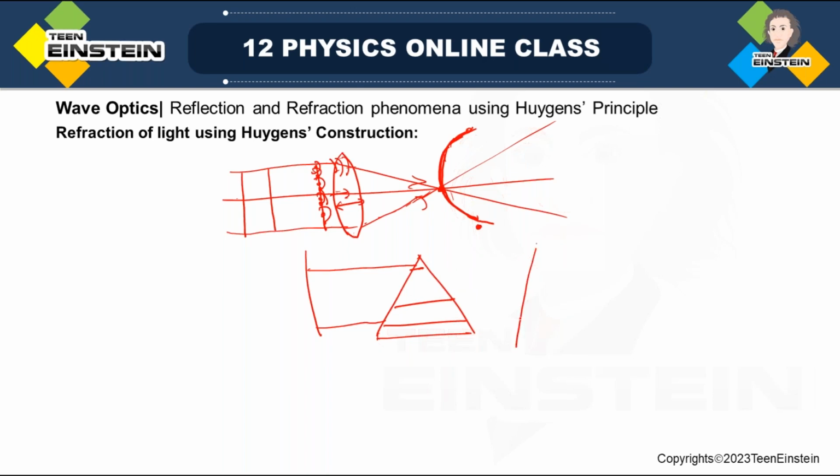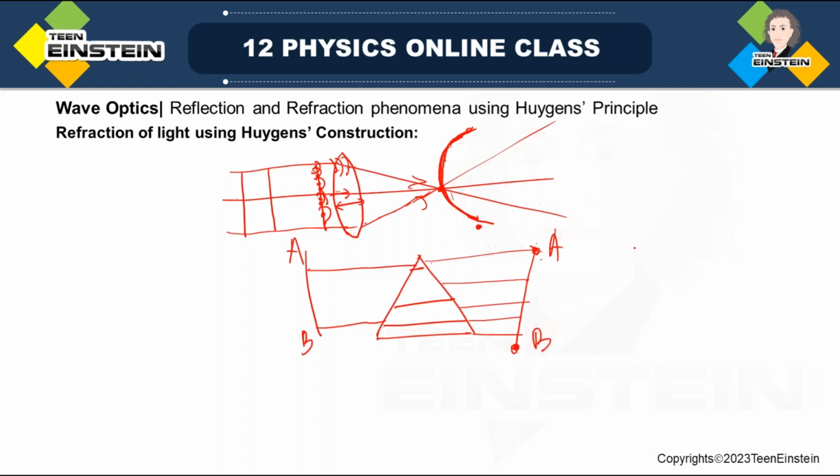This point will move a greater distance than this one, then this one, and so on, because it is moving through the thinner region with the same speed. So the plane wavefront AB becomes like this, depending on how the prism is kept.